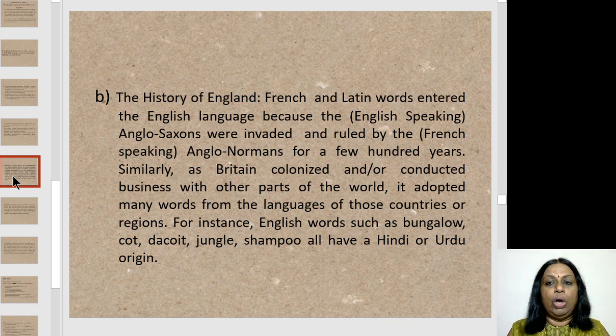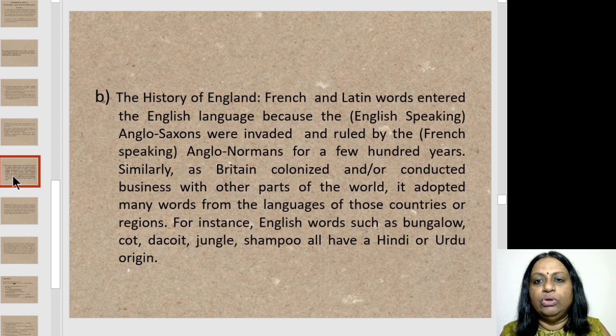Apart from this, we also must understand the history of England. French and Latin words entered the English language because the English speaking Anglo Saxons were invaded and ruled by the French speaking Anglo Normans for a few hundred years.